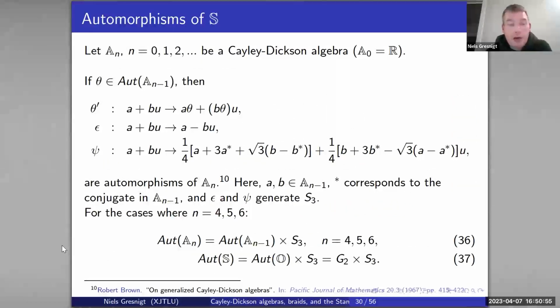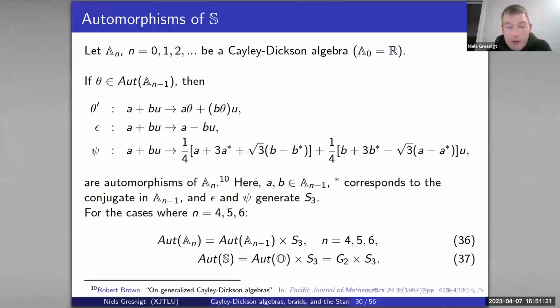Now, the main point I wanted to make here is that the automorphisms of these Cayley-Dickson algebras were actually studied quite a long time ago. For the Sedenions, the automorphisms are equal to the automorphisms of the Octonions multiplied by a factor of S3.